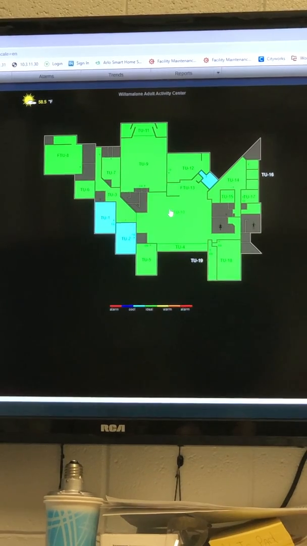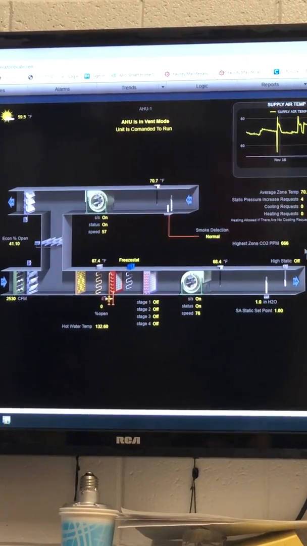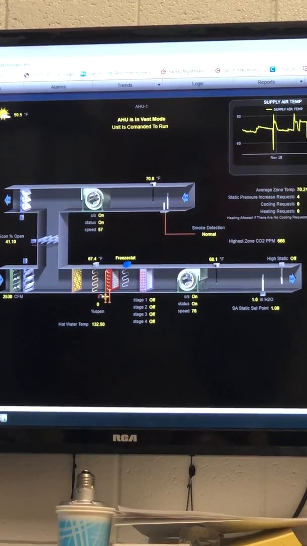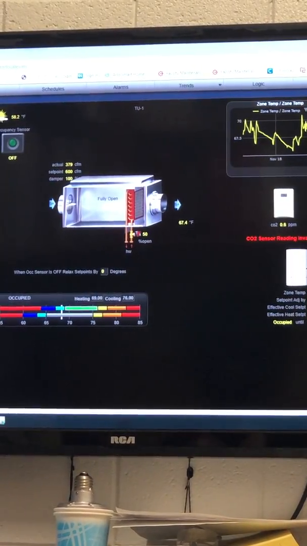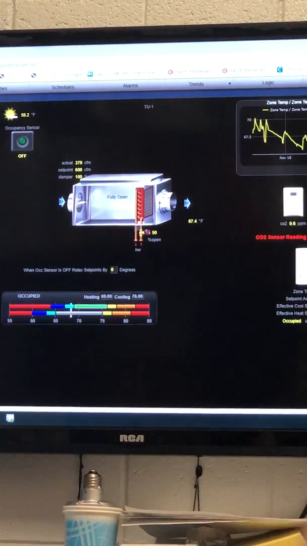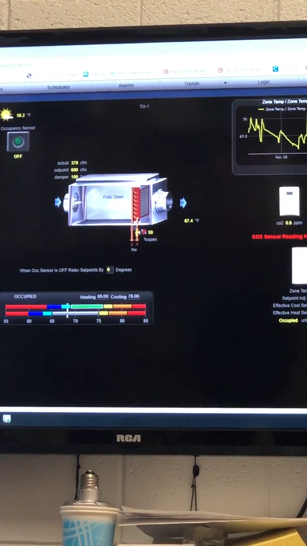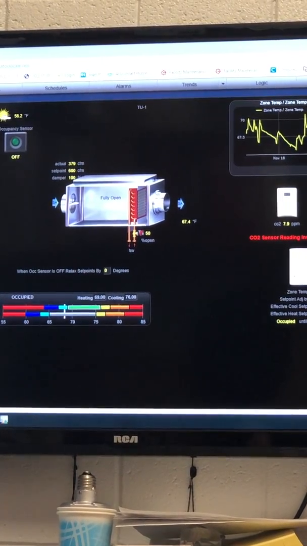All the information from these zones basically drives the main ASU to provide a supply air temp that goes out to each one of these zones. They don't have any cooling capacity within the zones themselves. All the cooling capacity is in the main air supply unit. And then it has reheat coils in all the zones and the VAV boxes.